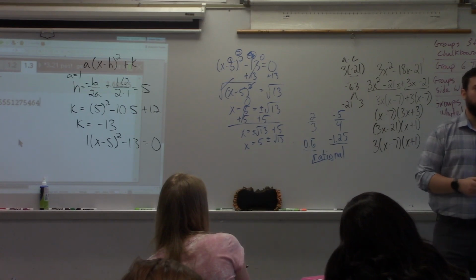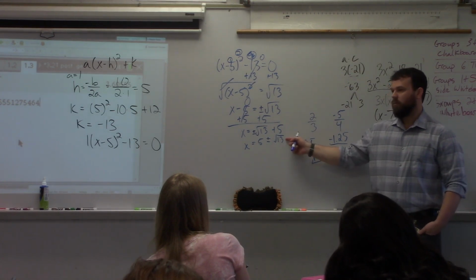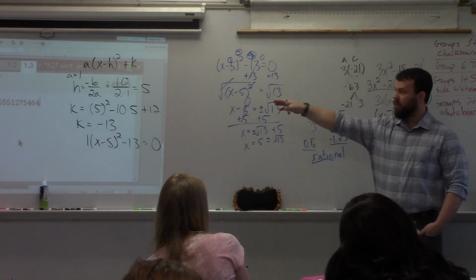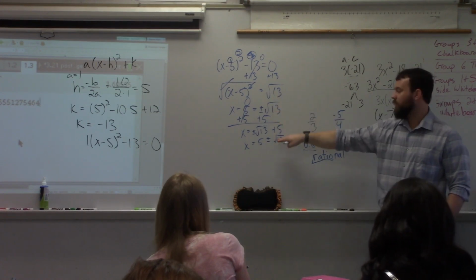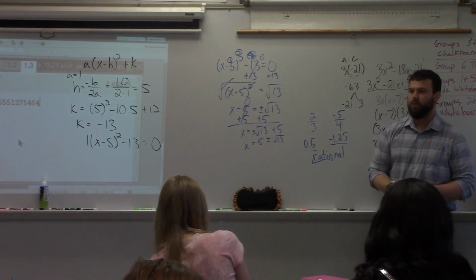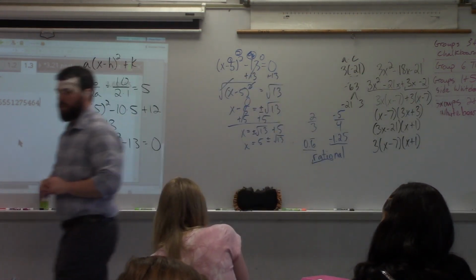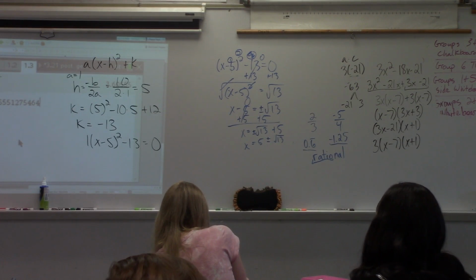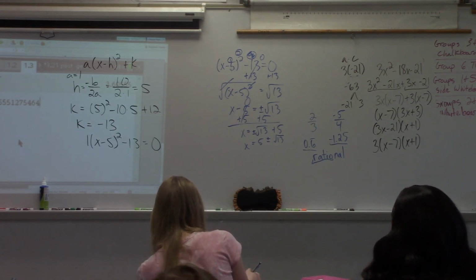Factoring only works with rational roots. That's why, see how we got a square root of 13 and that number was irrational? I could not factor it because this was an irrational set of roots. That's what's happening there. So, be aware, if they're going to be irrational roots, you cannot factor. Okay?